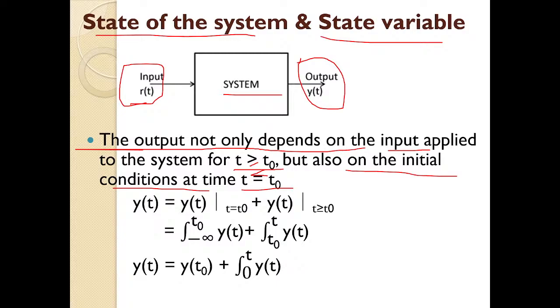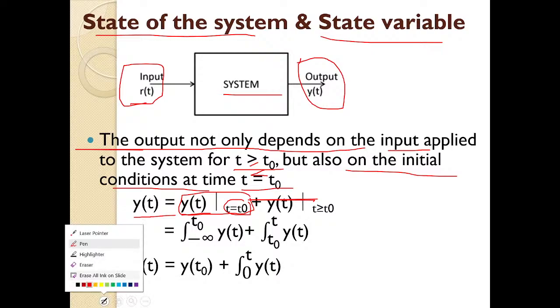So the output y(t) not only depends on the input at t greater than or equal to t0, but also on the initial condition of the system immediately when you give the input, or the prior condition before even giving the input. It depends on both. So we can categorize the output y(t) into two factors.